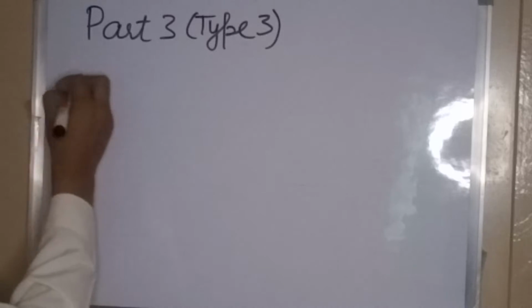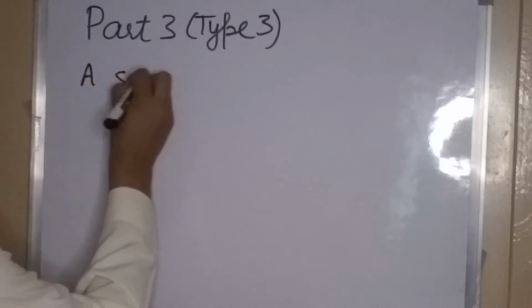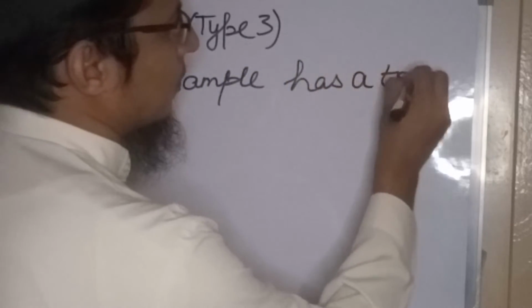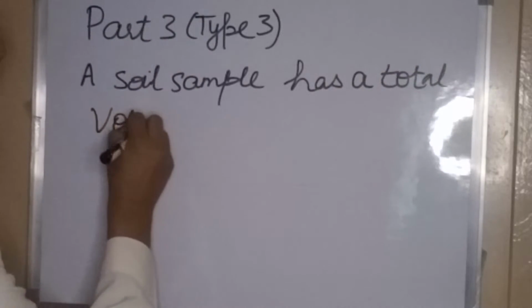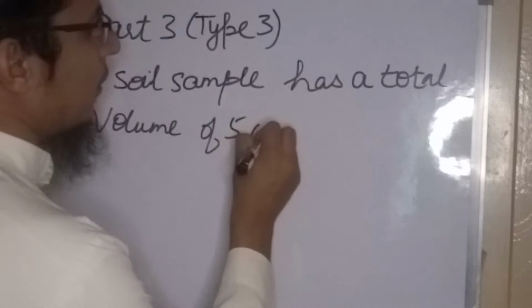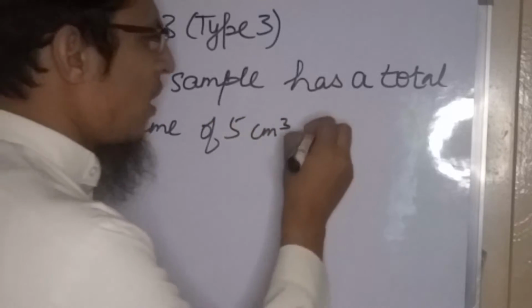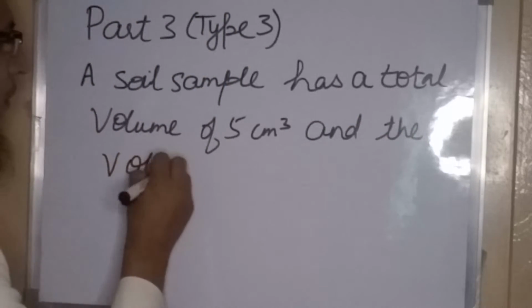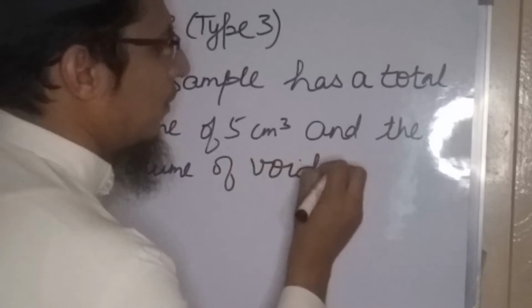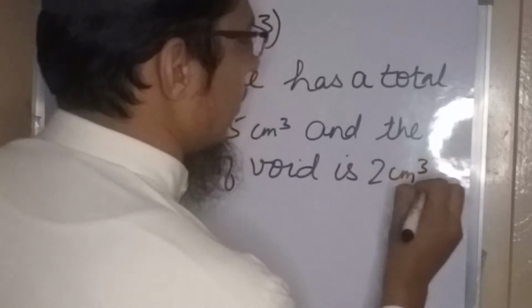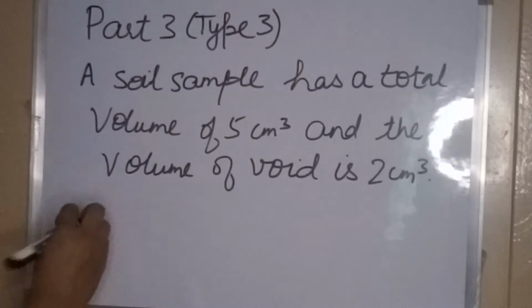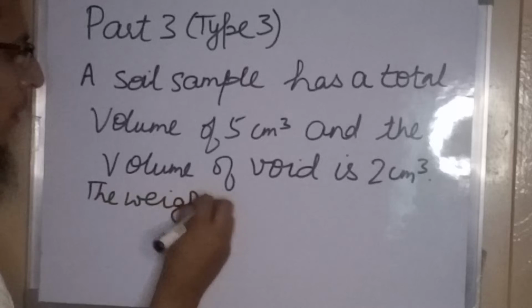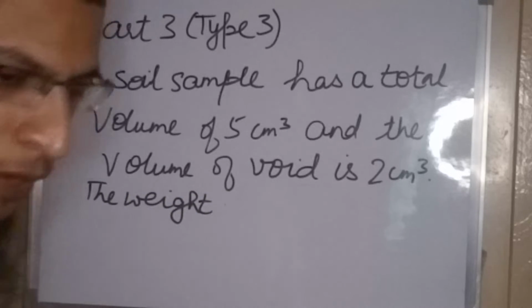So suppose we have a soil sample that has a total volume of 5 centimeter cube and the volume of void is 2 centimeter cube. The specific gravity of soil is given.